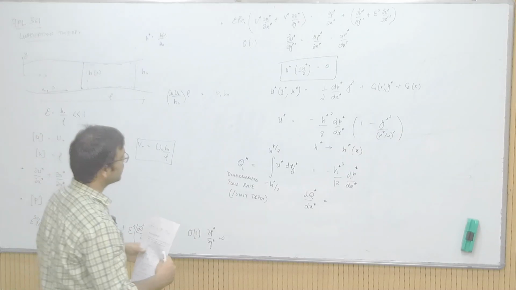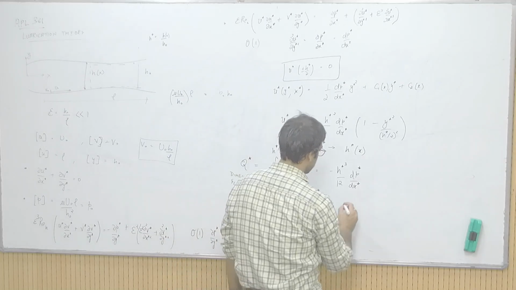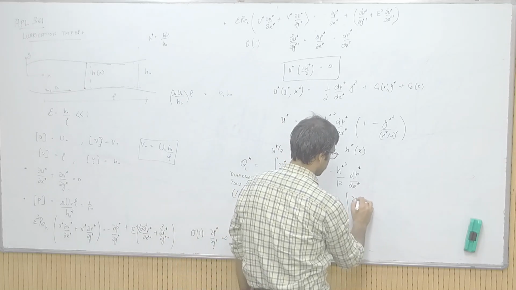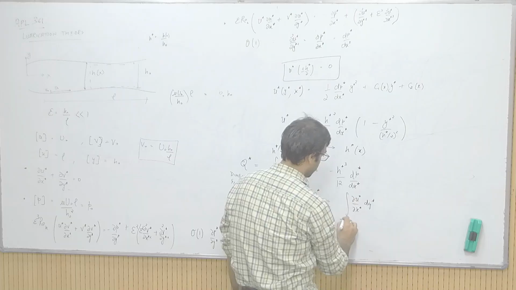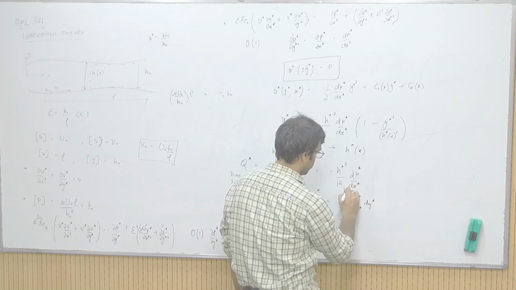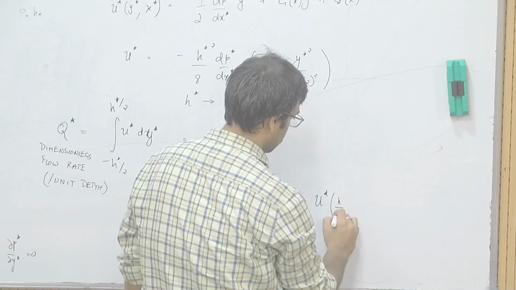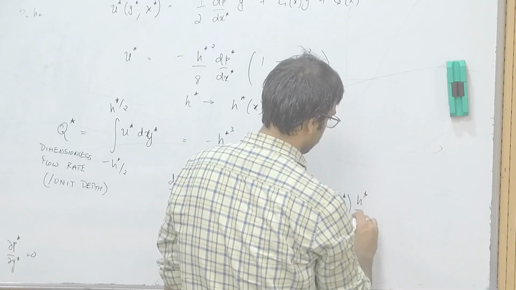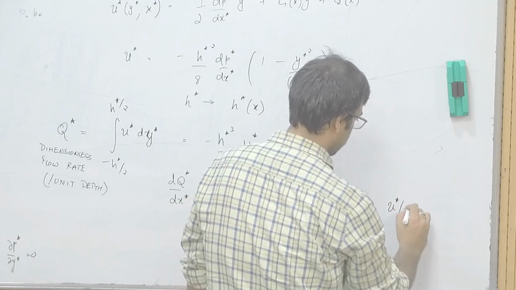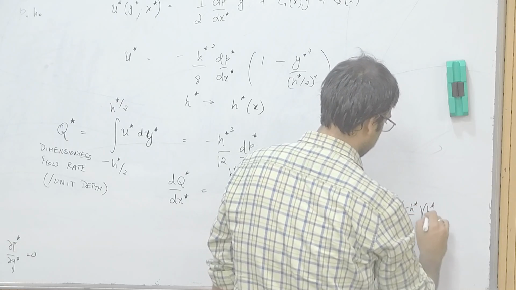Can we show that? So, you can differentiate this, and what we can write is del u star over del x star dy star from minus h star by 2 to h star by 2. So, just apply the Leibniz theorem, okay, u star at h star by 2 times h star by 2 minus u star at minus h star by 2 times h star by 2 with a minus sign.